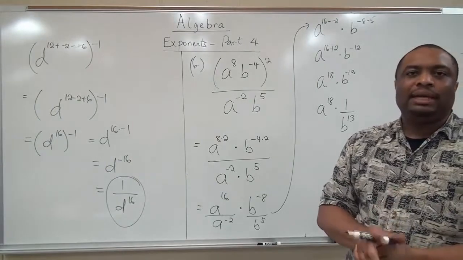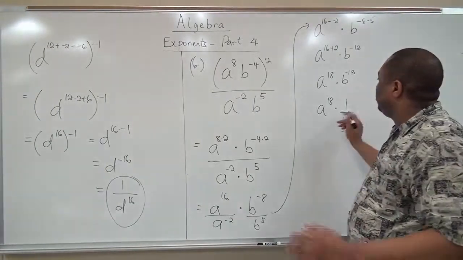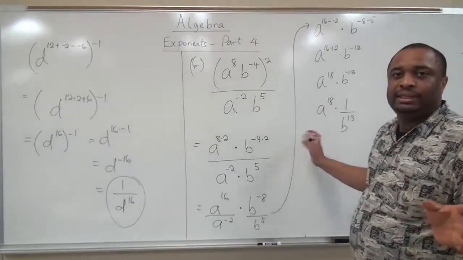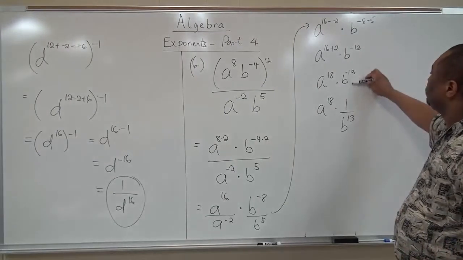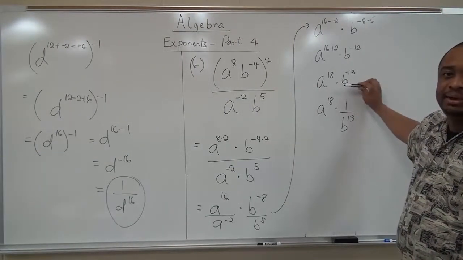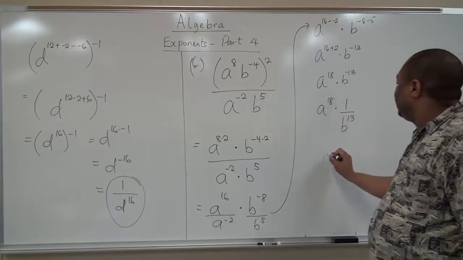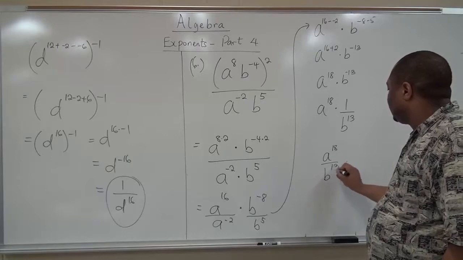So you have finished solving this, so you associate. That was why we did the reciprocal of this. We cannot leave our answer like this, no. This is now a exponent 18 all over b exponent 13.